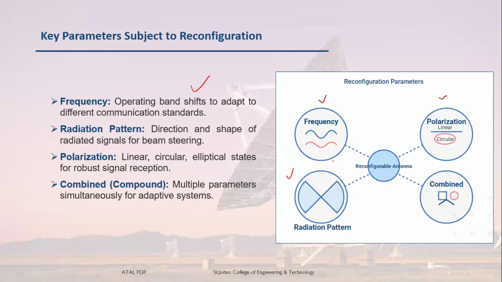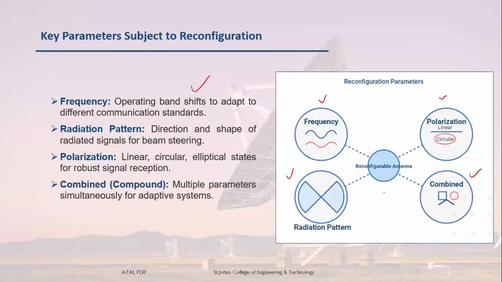Don't think that I can only change the frequency dynamically, or that only polarization can be changed at a time, or that only the radiation pattern is changed at a time. If I change the frequency, it may also be possible to change the radiation pattern. Actually, we meant only to change the frequency, but it is also possible to change the pattern. That is what you call combined.